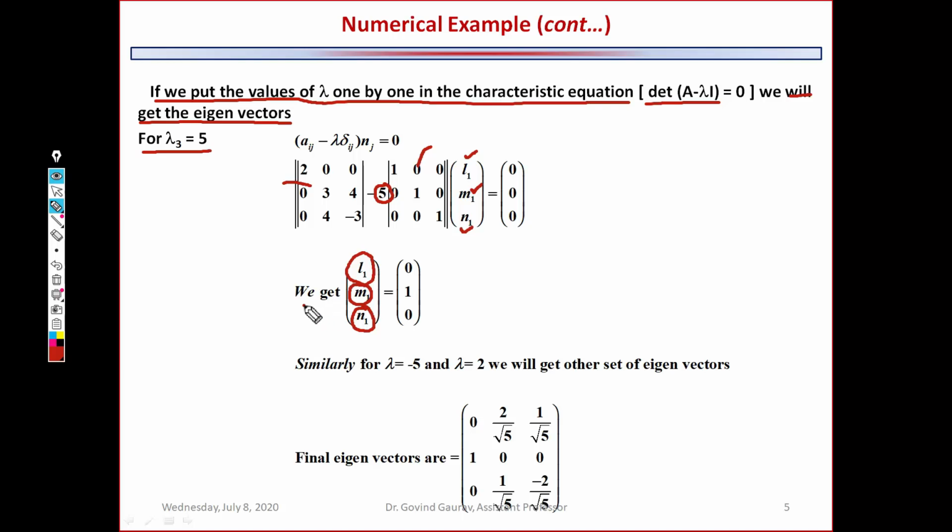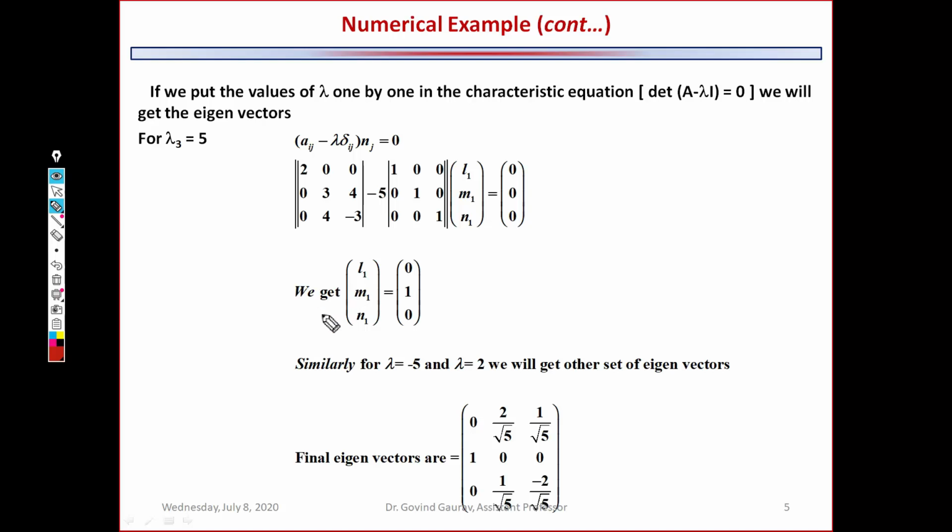These are the eigenvectors corresponding to an eigenvalue of 5. Similarly, we can calculate the other values, which will be L2, M2, N2, L3, M3 and N3.